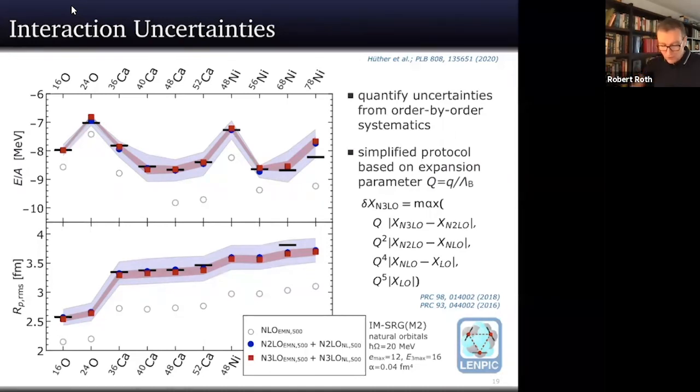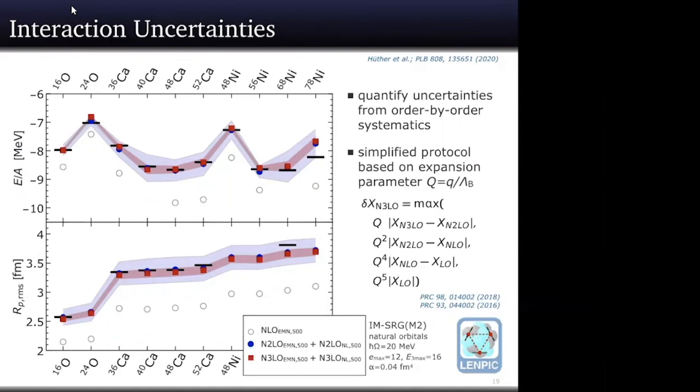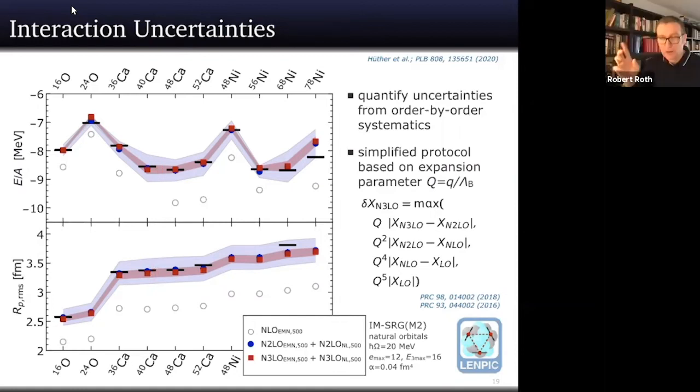So from this, you would already conclude that it's a really good idea to go through to N3LO with your method, with your interaction, to have sufficient accuracy. And then it really looks quite convincing with this little red band here. But don't forget, that's just one of very, very many different sources. And this is something that we routinely quantify nowadays. But it's not the end.